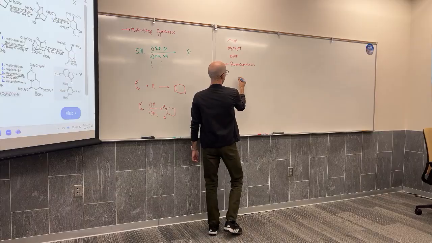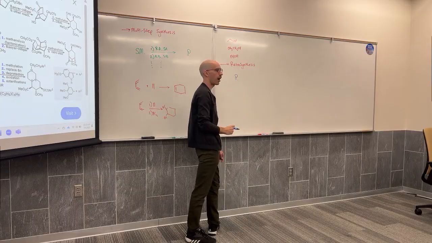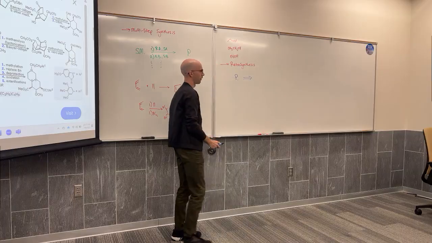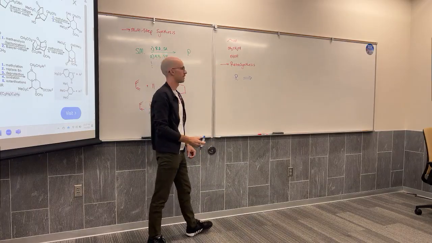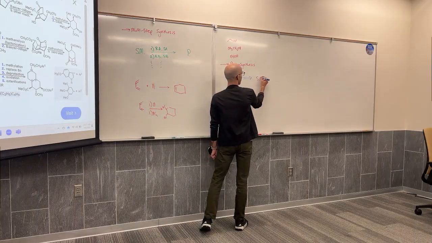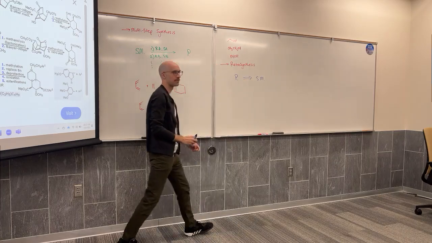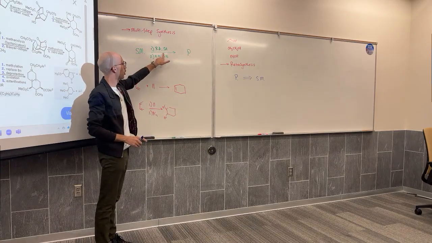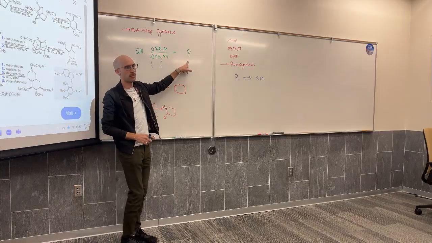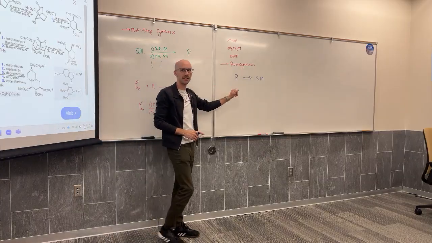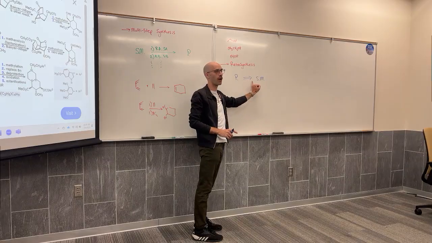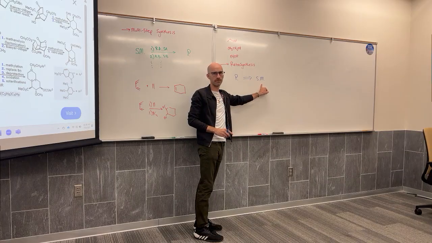So the way that's often portrayed is your product with this thick arrow pointing at the starting material. A reaction arrow says starting material goes to form a product. A retrosynthesis arrow says products that come from a starting material.